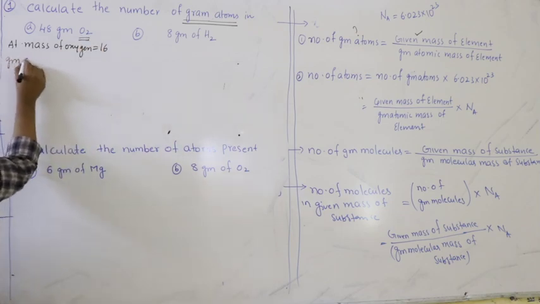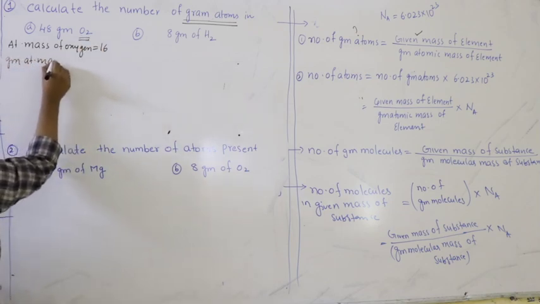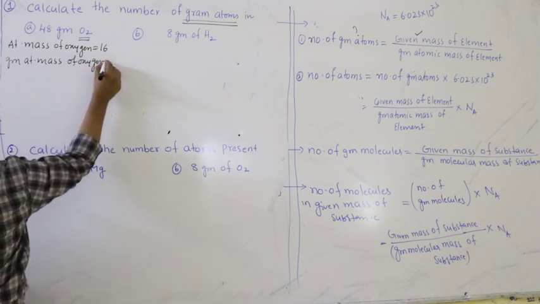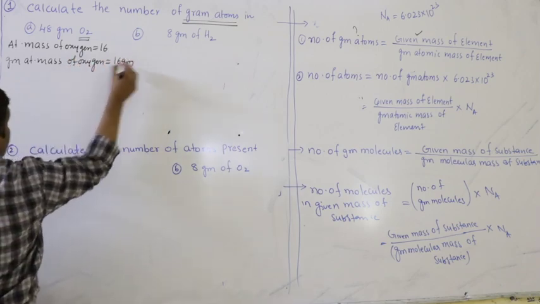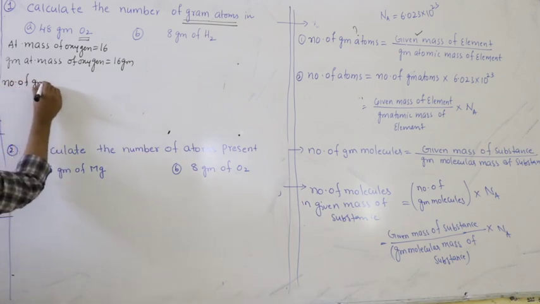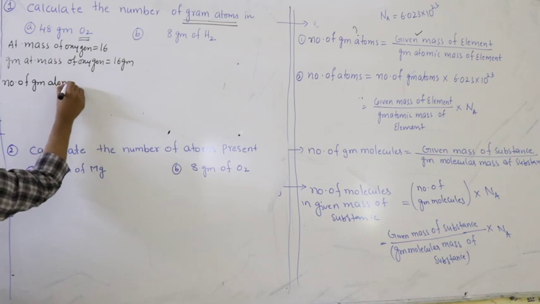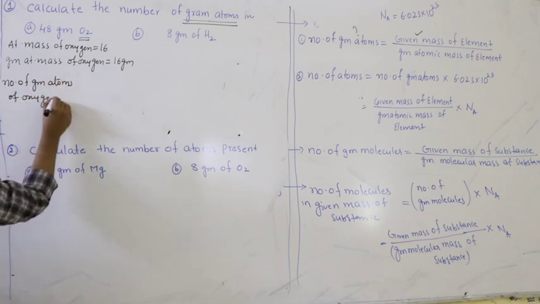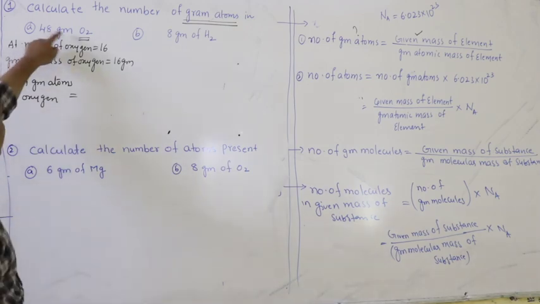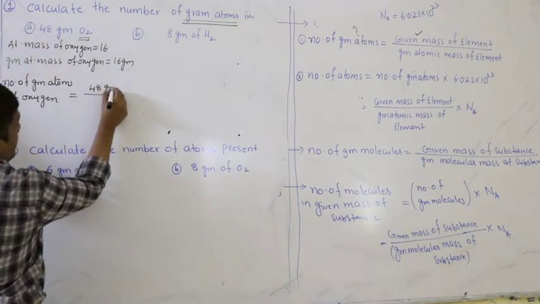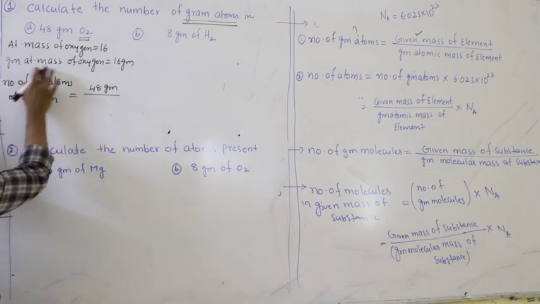Gram atomic mass of oxygen becomes 16 grams. So the number of gram atoms of oxygen is equal to the given weight, 48 grams, by gram atomic mass.